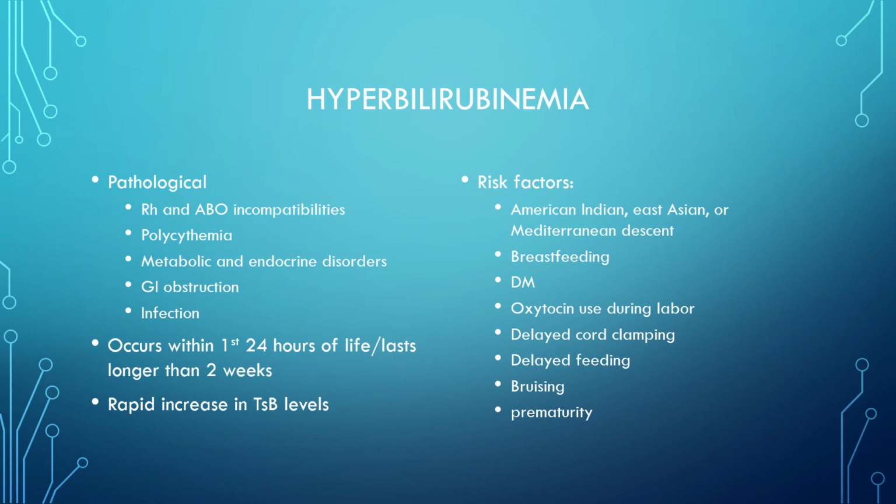So where mom's blood type is maybe O and baby is A. It's not the same thing, it's incompatible. It can be due to polycythemia, so a whole bunch of red blood cells. It can be due to metabolic and endocrine disorders, a GI obstruction, or an infection.